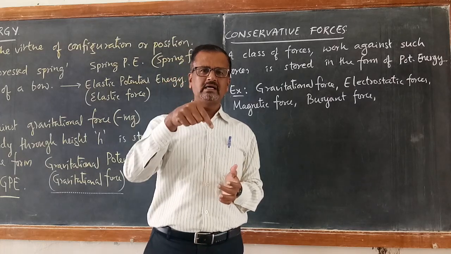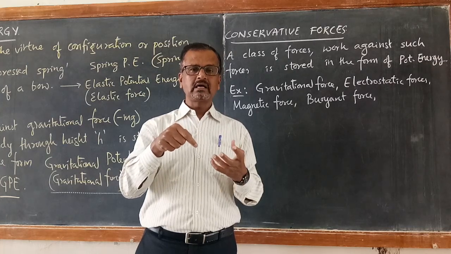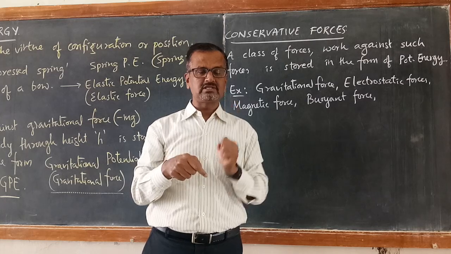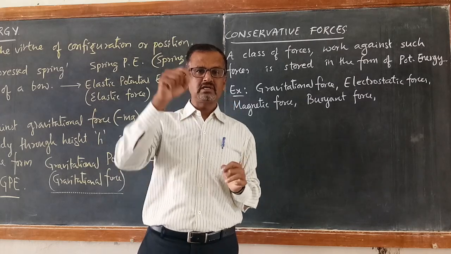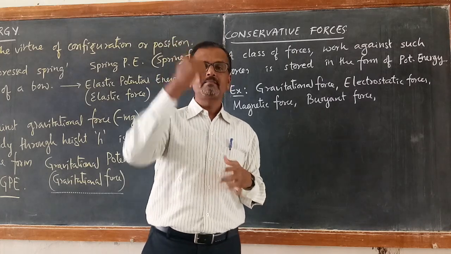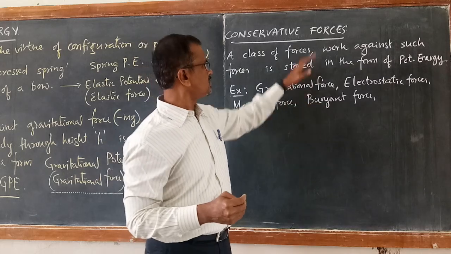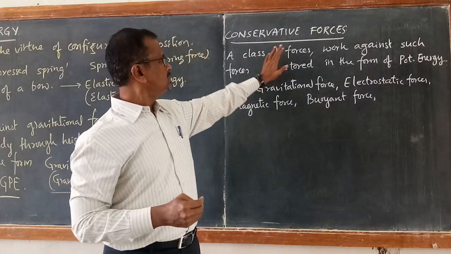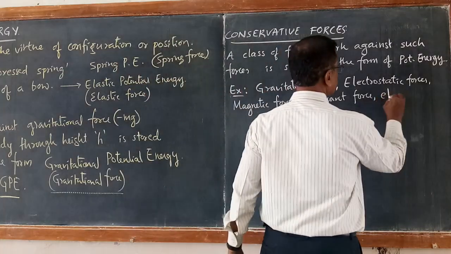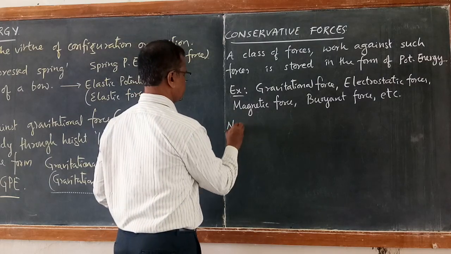So work done against the buoyant force is again conserved in the form of potential energy. The moment you release it, that potential energy is converted into kinetic energy. Work is done by the buoyant force. So such a class of forces is called conservative forces. Like that you can list different forces.